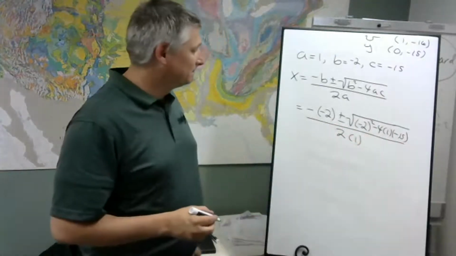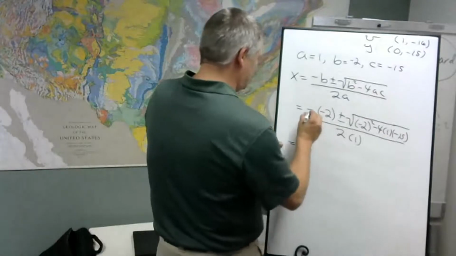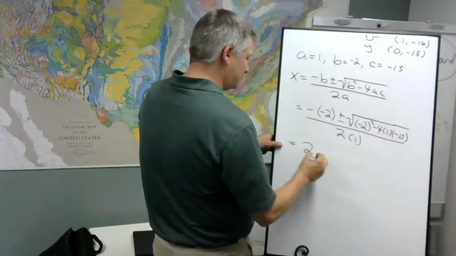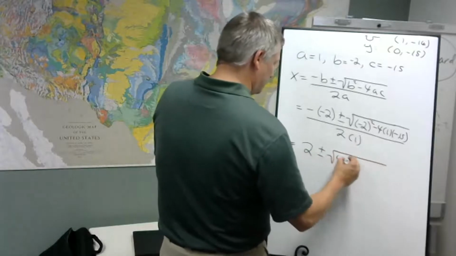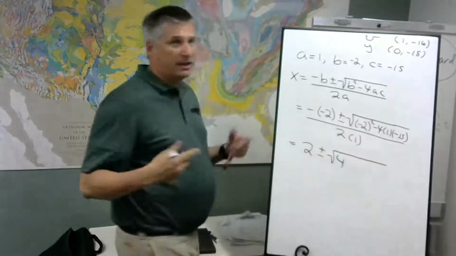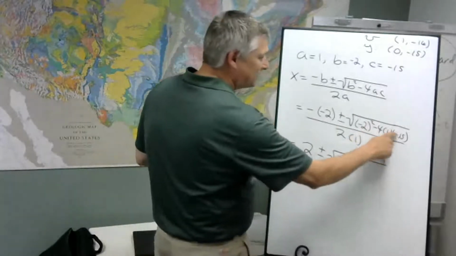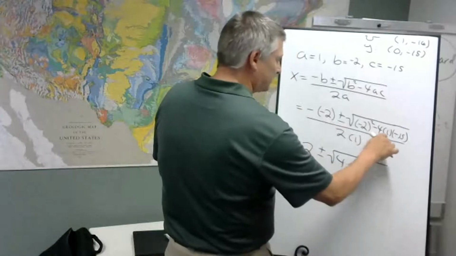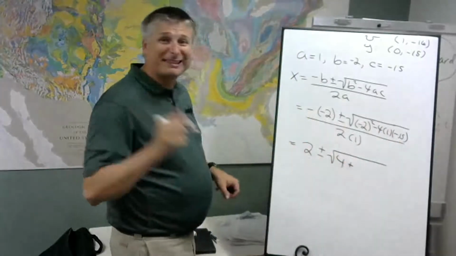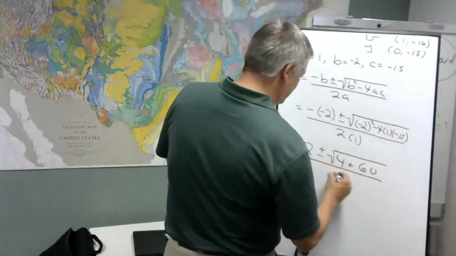And there we go. So let's simplify this. Negative and negative becomes a positive 2. 4, negative 2 squared, negative 2 times negative 2 is 4. Negative times negative is positive. So we're going to plus here. 4 times 1 times 15, that's 60, over 2.